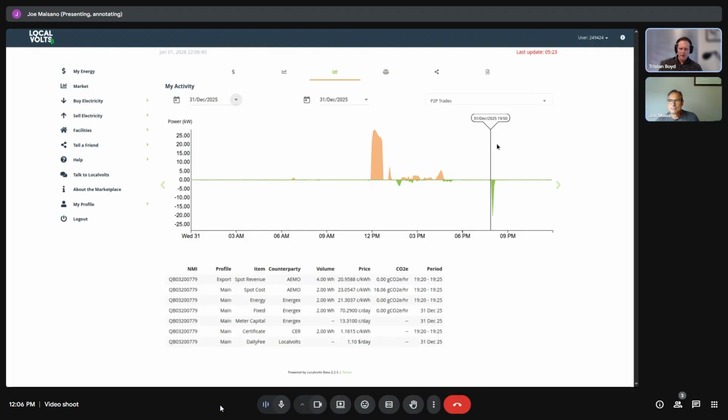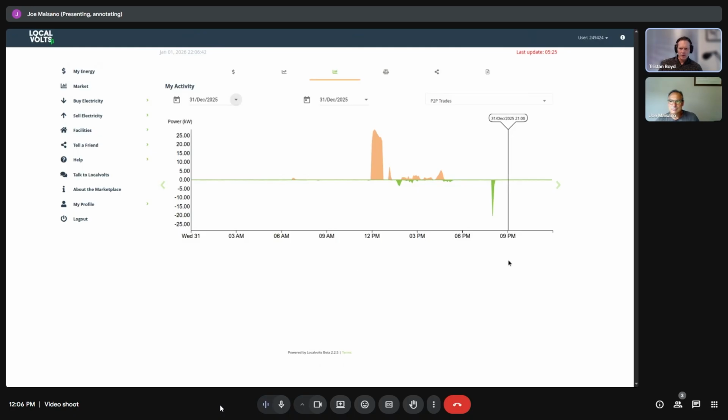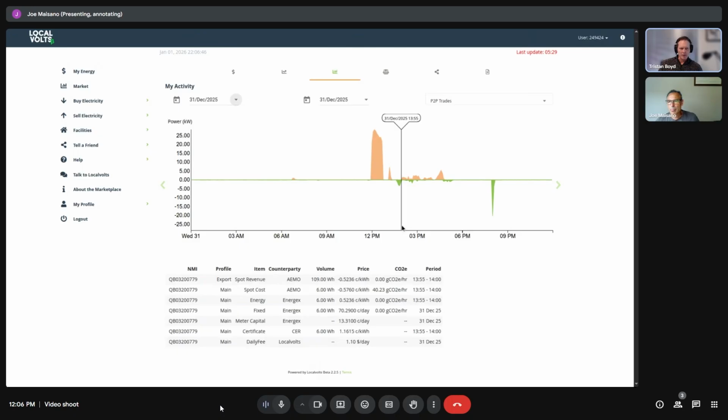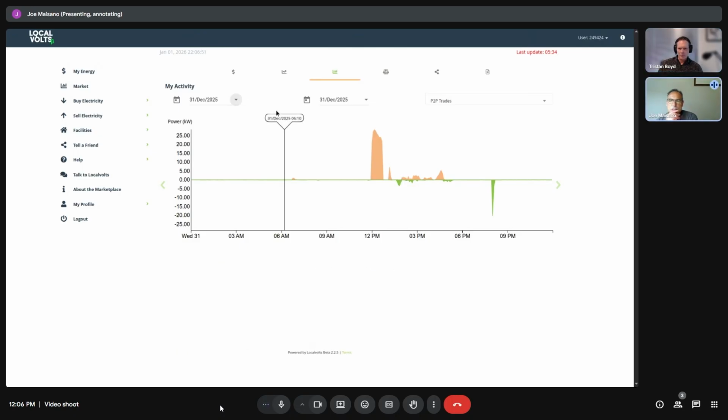So I guess as a battery owner, this is probably the best screen to look at to analyse the behaviour if we've got some sort of control system set up. It's a very handy screen to have a look at. It's one of my go-to screens. Someone asked me what's going on. This can tell you a lot about the way a property, what we call a facility on our system, is set up.